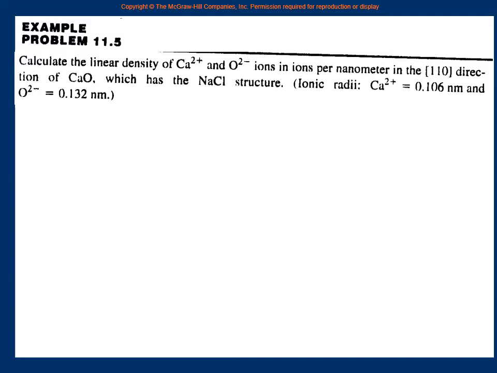Sodium chloride type of a structure. So therefore it is face centered, but it is calcium oxide now. So for example, take any one face, but before you do that, the direction here is 110.